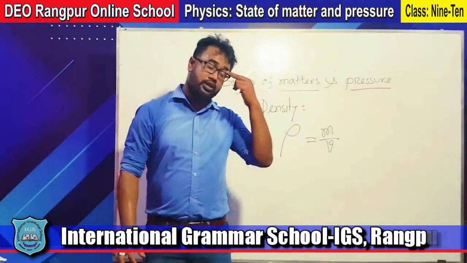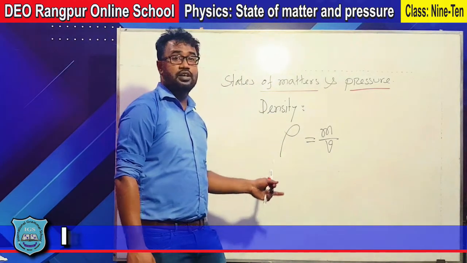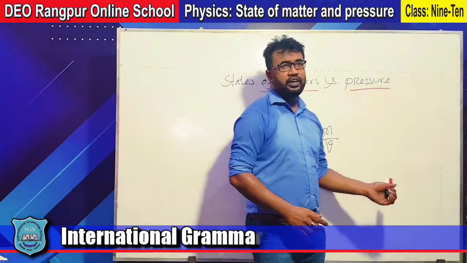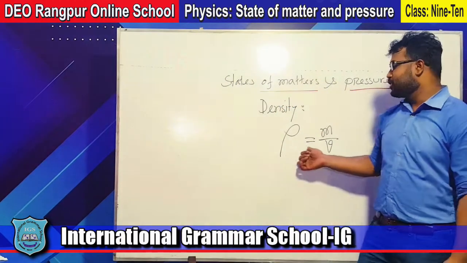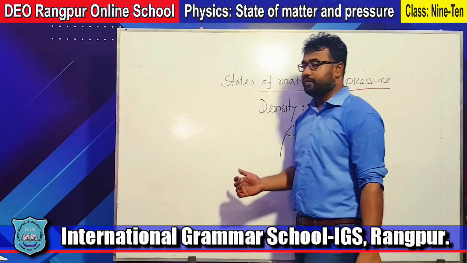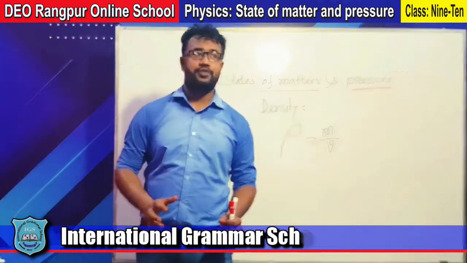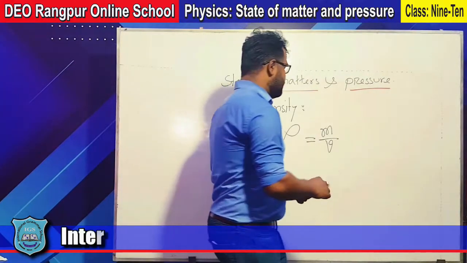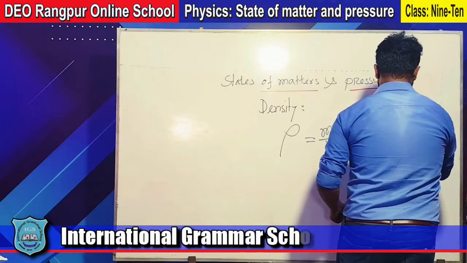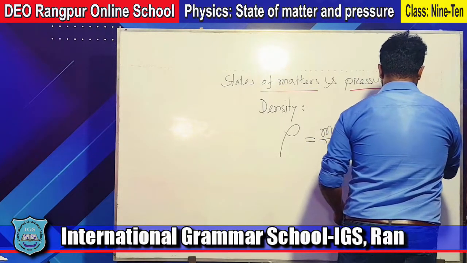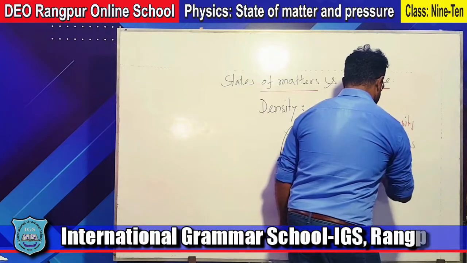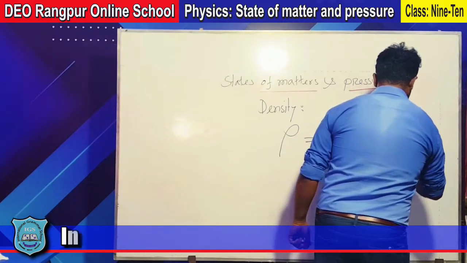Here you shouldn't say that v is velocity. As I told you, this v is not velocity here. So what is this v? This v is volume, volume of any object. So we can easily write down rho equal density, m equal mass of the object, and v equal volume.